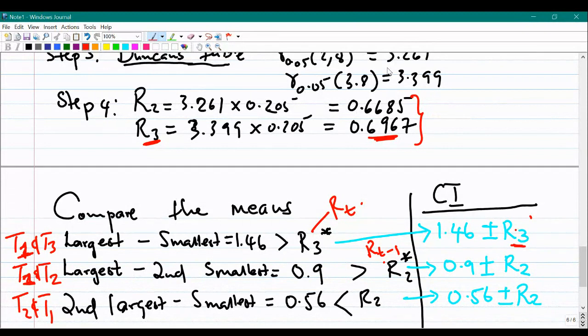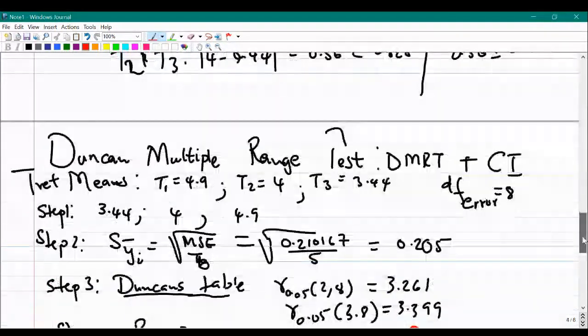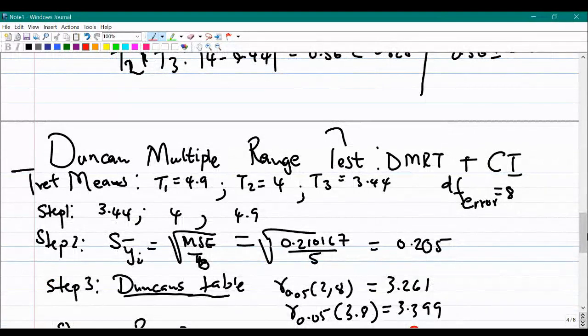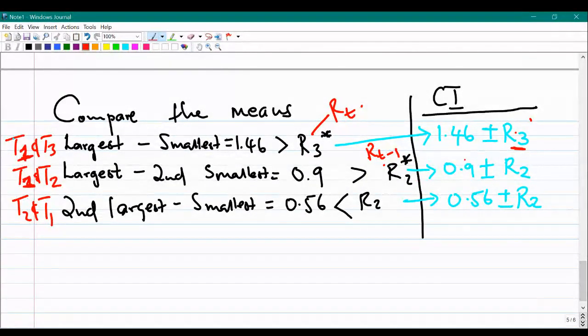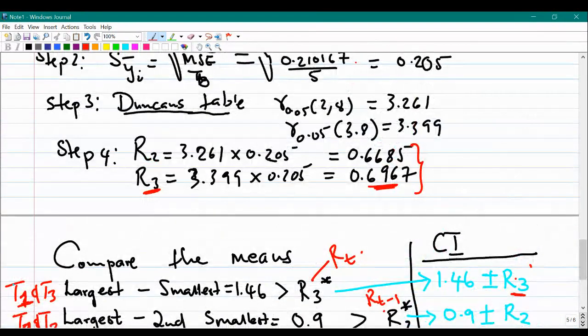So you are expected to do all these things from the beginning. You must arrange the means. But the important part is this last part, and you cannot get to it without these other steps. To find the confidence interval, you still need these things.